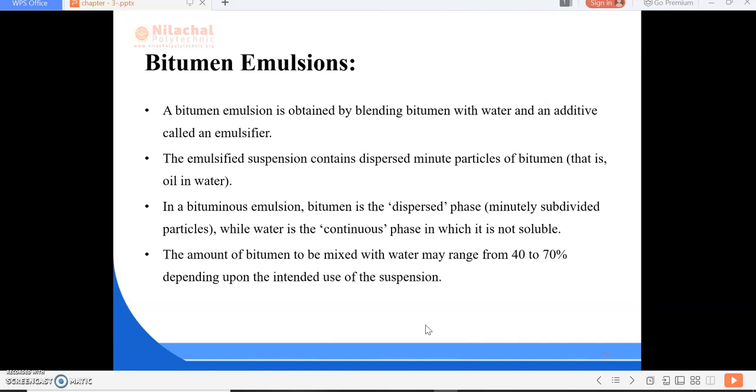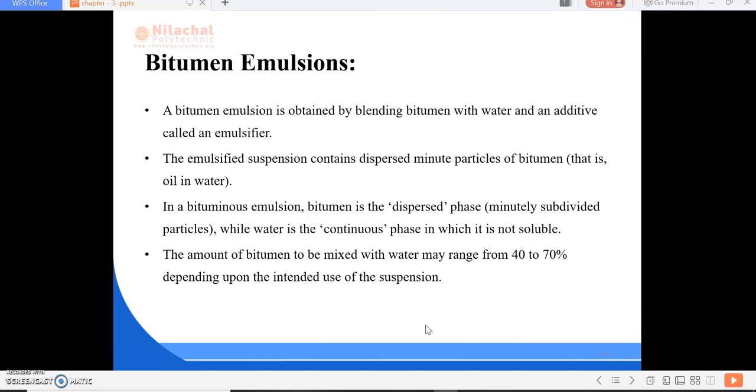Next is bitumen emulsion. So tar, bitumen emulsion and bitumen, three are different things, but these three have good adhesion property. That is why we are preferring this as our binder material. A bitumen emulsion is obtained by blending bitumen with water and an additive called emulsifier.